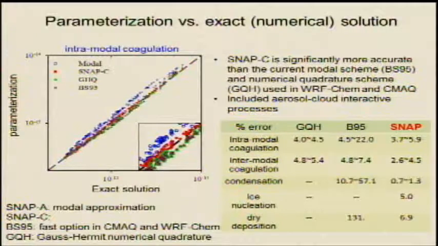Our scheme is the red dots, and the cross is the current scheme in WRF and also in CMAQ, the Binkowski scheme. You can see our results mostly lie on the diagonal line, but theirs has a bias. This shows the errors. Our errors are much smaller, but our computational time is the same as the Binkowski scheme.